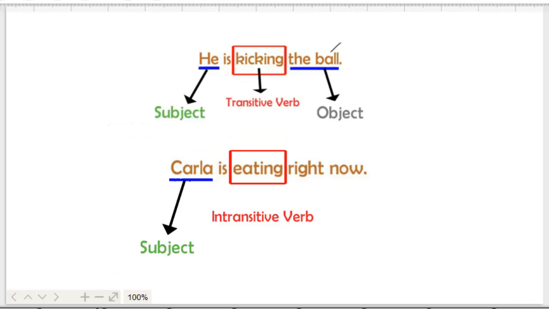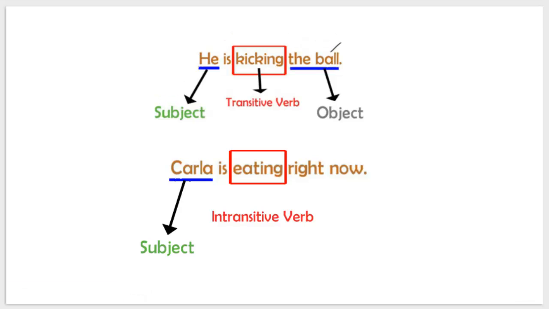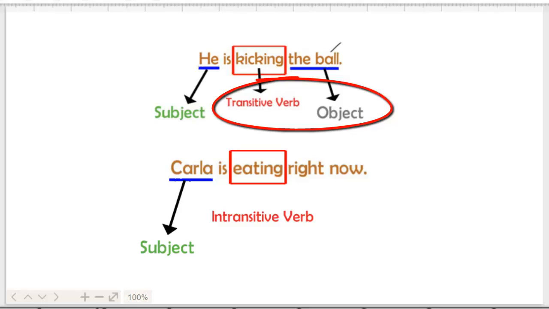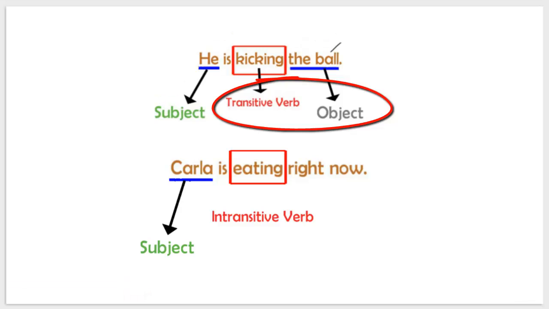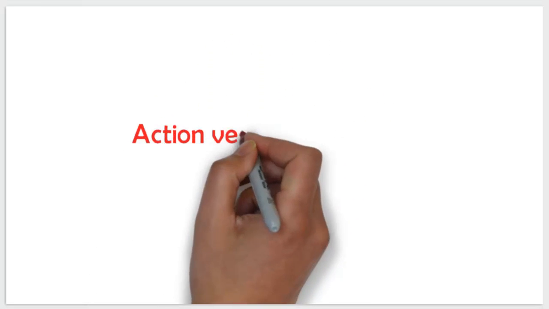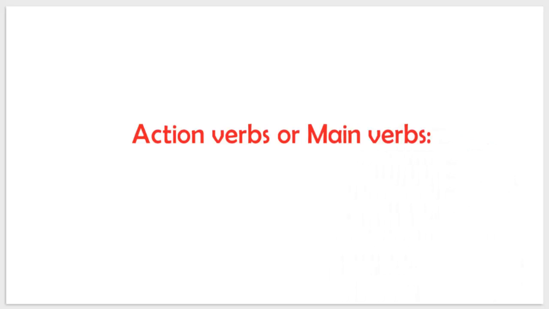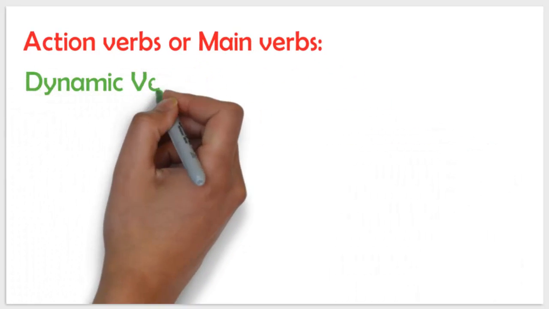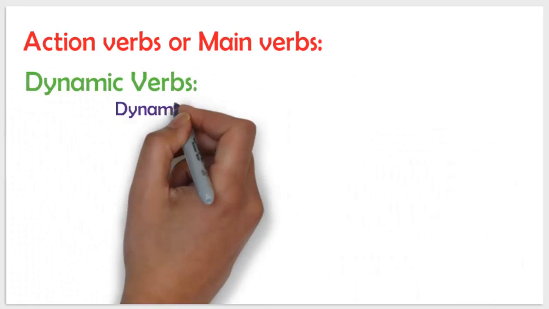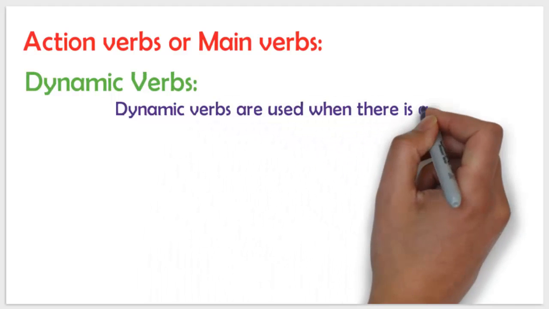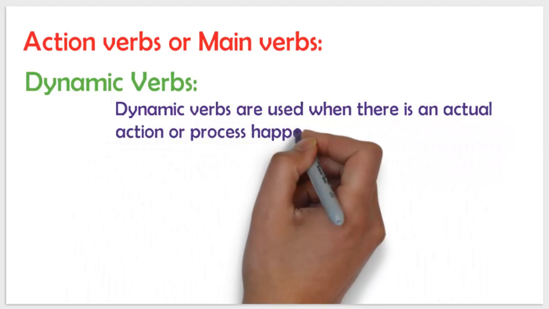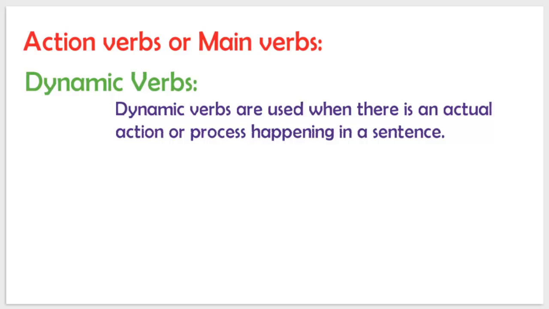Remember, those verbs which have an object are called transitive verbs, and those which do not have an object after them are called intransitive verbs. Next category of verbs we have is dynamic verbs. These verbs are used when there is an actual action or process happening in a sentence.